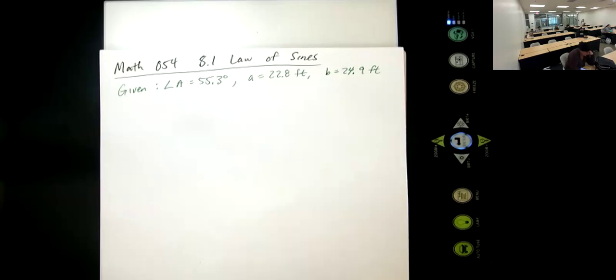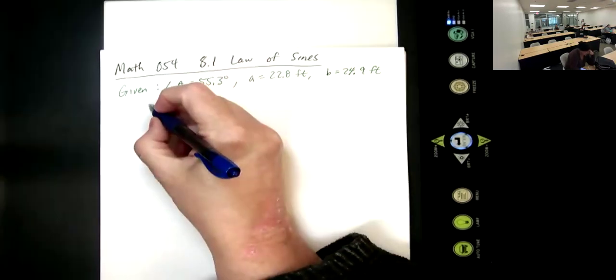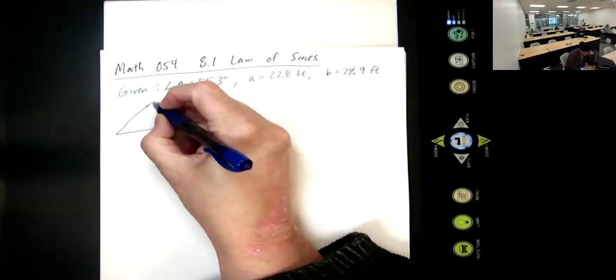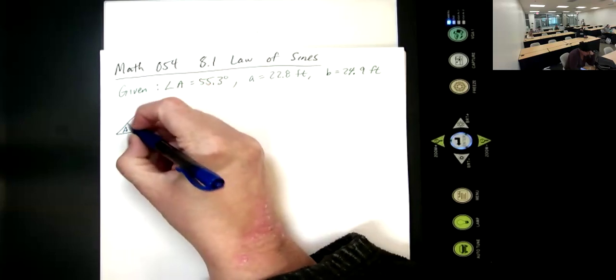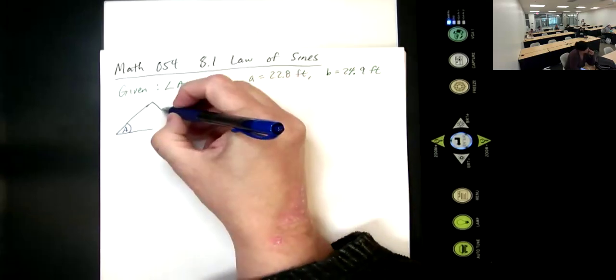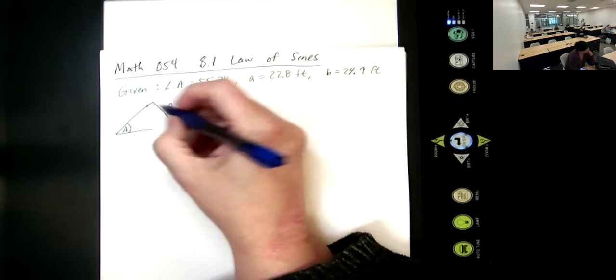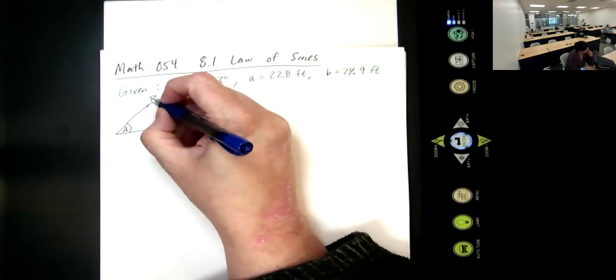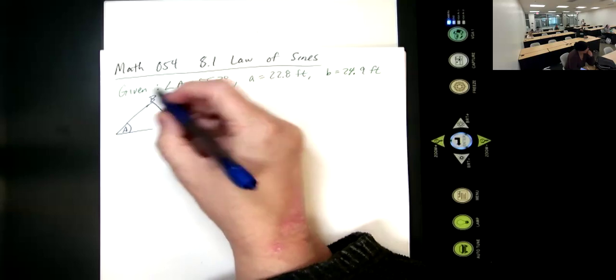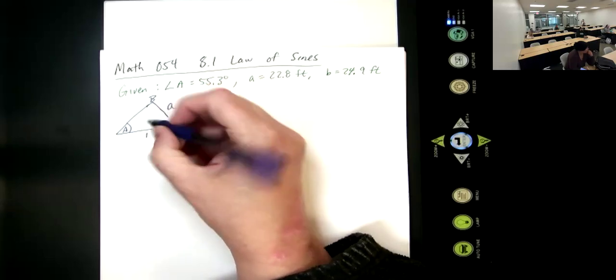So if I were to draw a triangle, I have angle A here, side A is over here. And I'll call this B. Wait, yeah, that works, they just need to be touching.